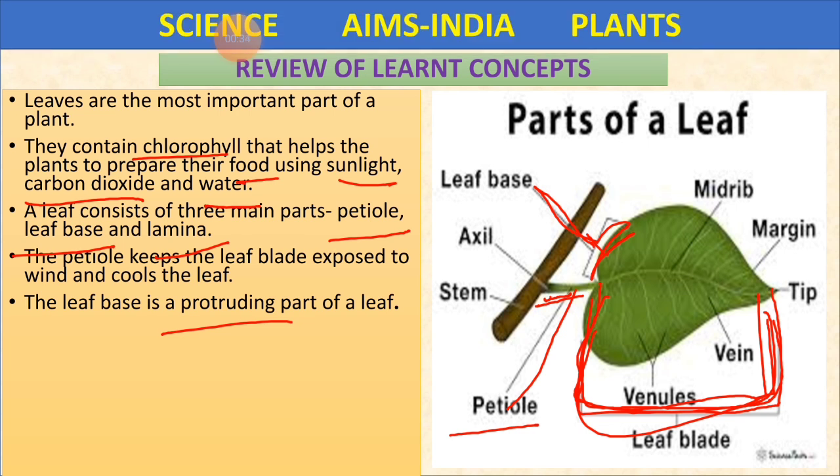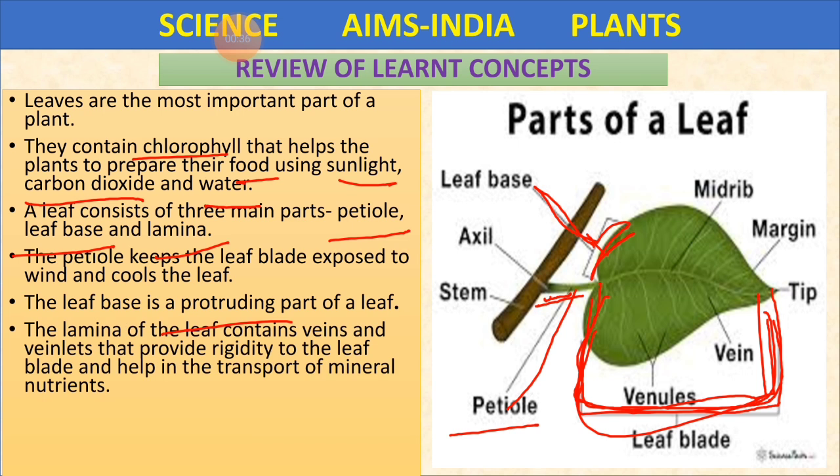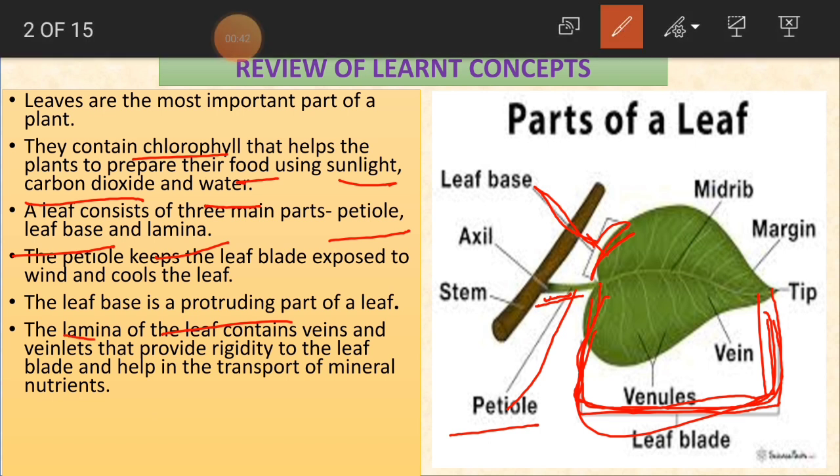Clear children? Now, the lamina of the leaf contains veins and veinlets that provide rigidity to the leaf blade and help in the transport of mineral nutrients.